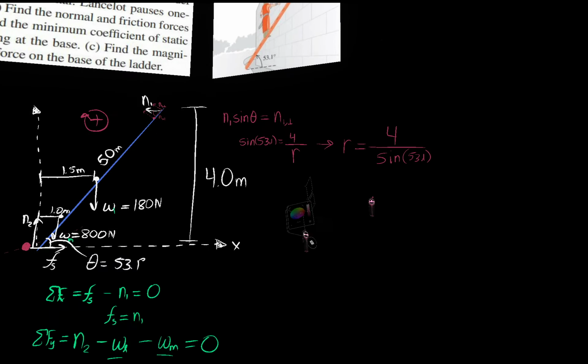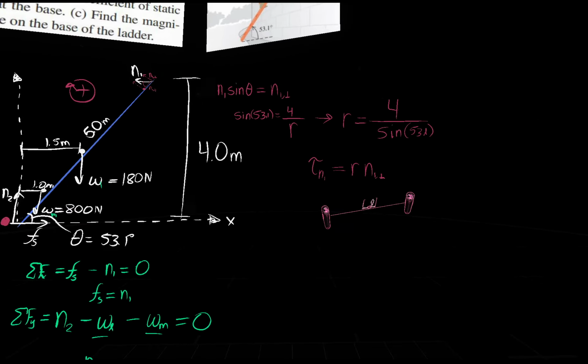And what we're trying to do is find the torque of N1 about the axis that we chose, right? And torque is r cross F, but if you've already found the perpendicular component, you could just say r times the perpendicular component of that force. So we're trying to do r times this value here.